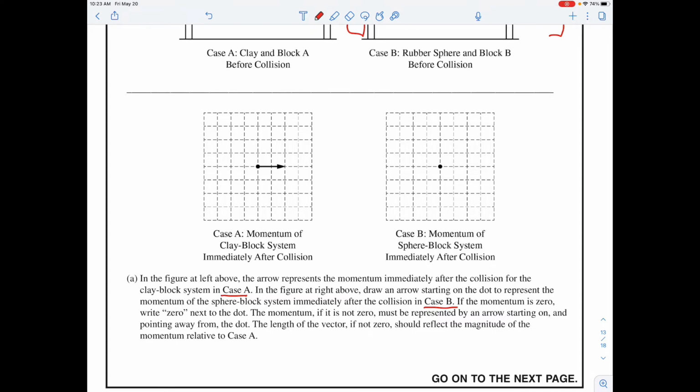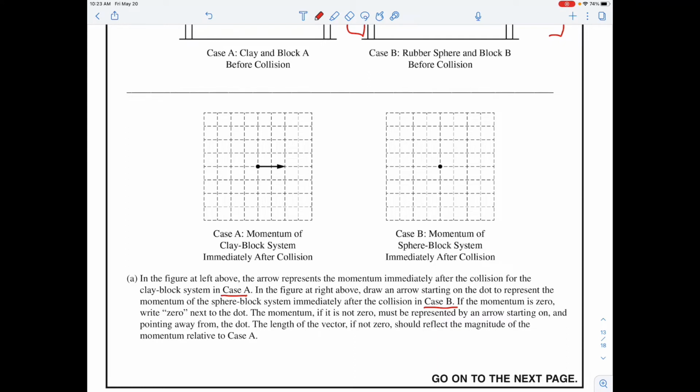The momentum, if not 0, must be represented by an arrow starting on and pointing away from the dot. The length of the vector, if not 0, should reflect the magnitude relative to case A.